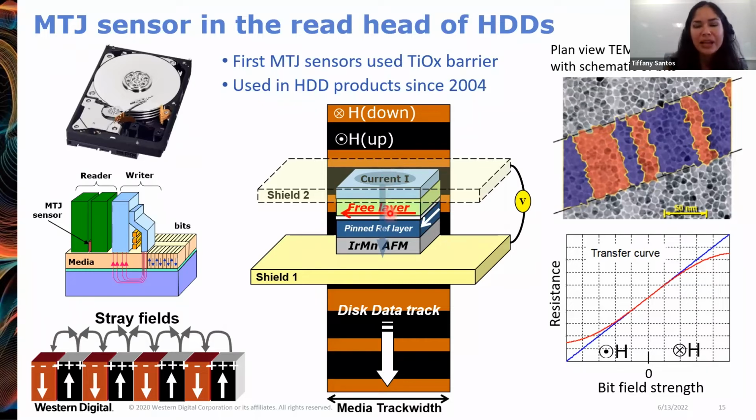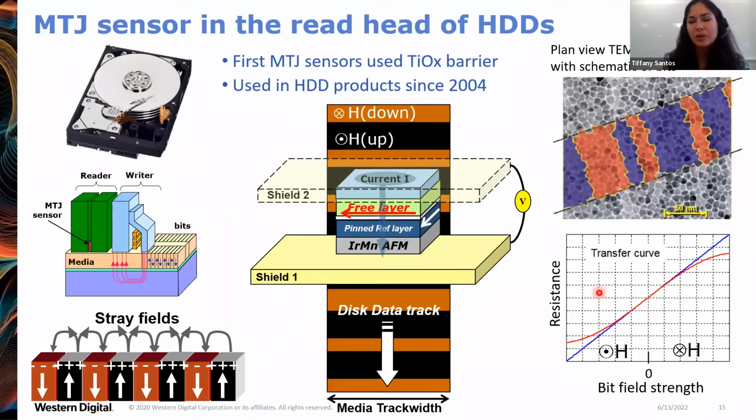And you have the magnetic tunnel junction here. The barrier is this white layer. And you have the magnetic reference layer underneath and the magnetic free layer on top, and a current passing perpendicularly through the layers. And so the free layer is free to cant its magnetization as influenced by the stray fields and depending on the up or down orientation of the bits.